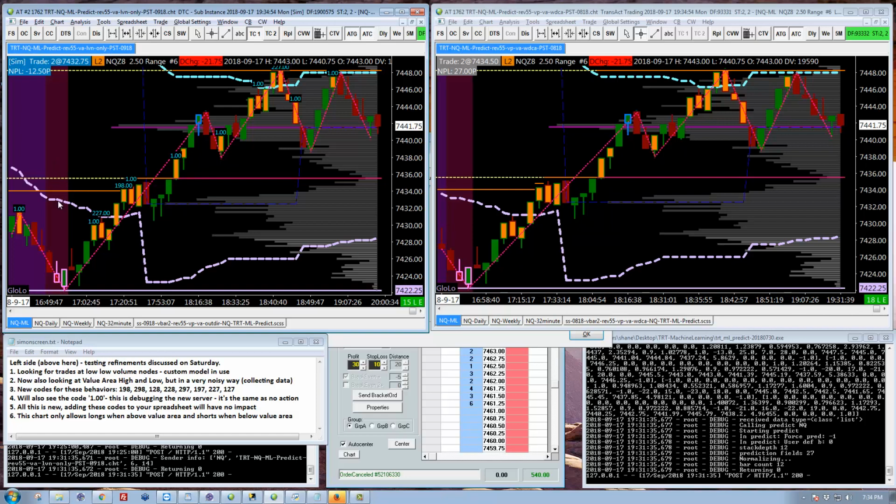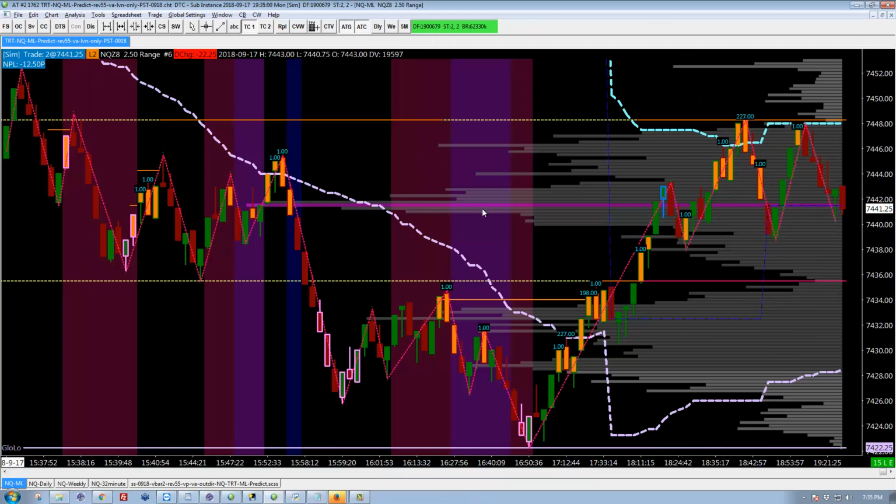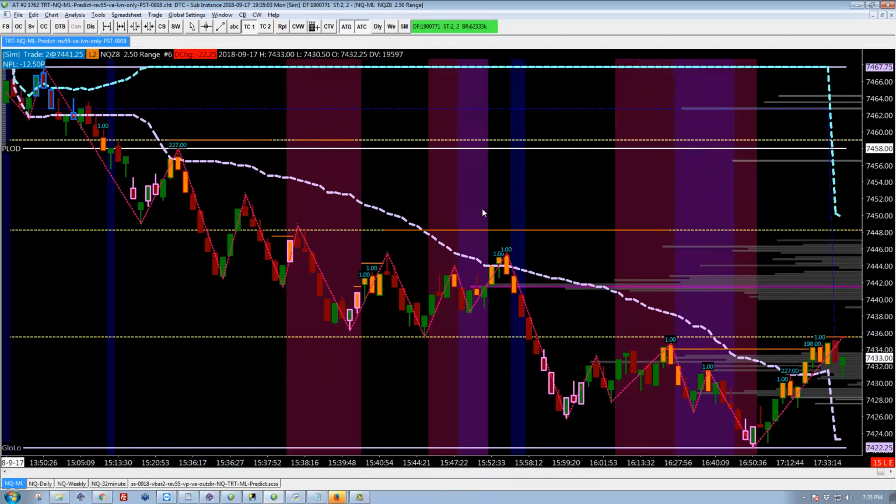So with that in mind, I've changed this chart. What we've been doing is looking at the low volume nodes only on this chart, with two things that are new. One is that the actual price behavior that triggers a prediction is different.